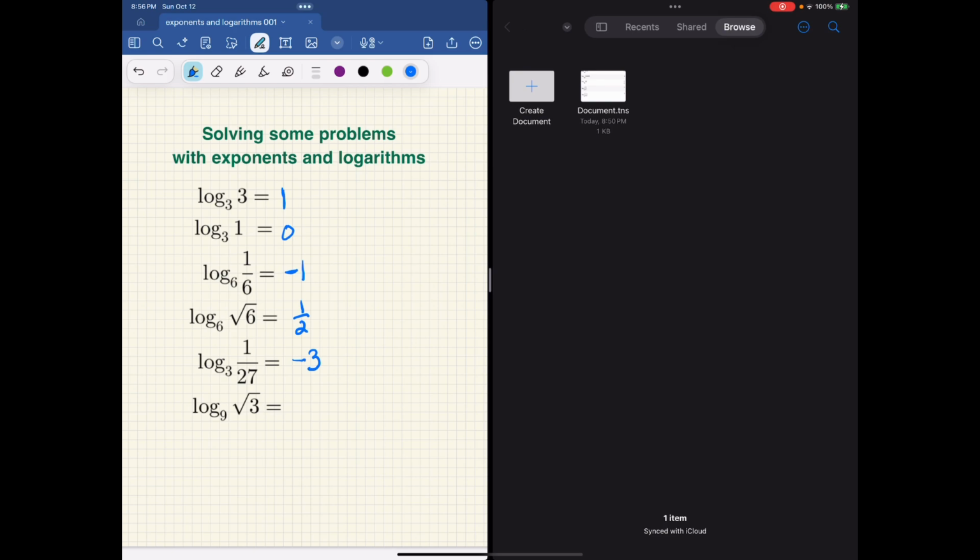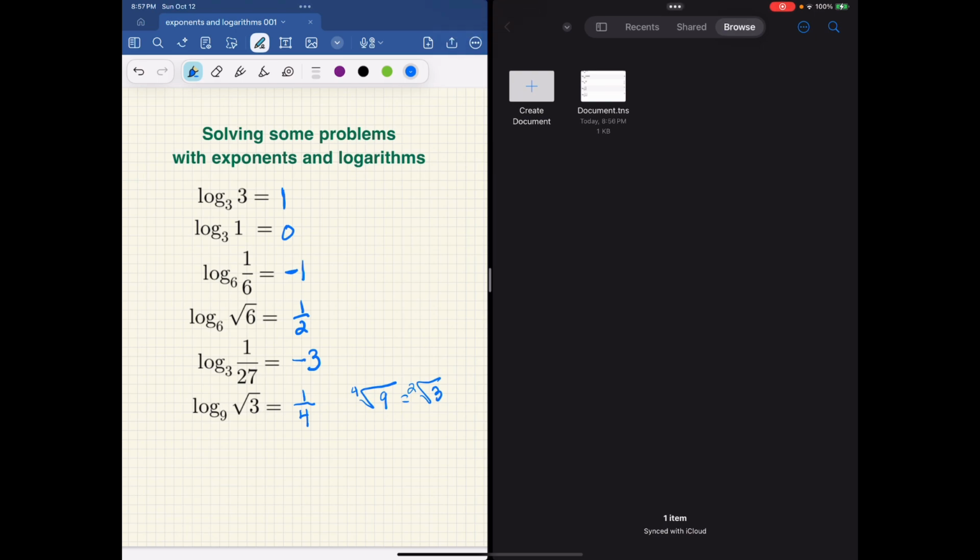Finally, log base 9 of the square root of 3 equals what? And the answer to that is going to be 1/4, because the fourth root of 9 equals the square root of 3, because 9 equals 3 squared.